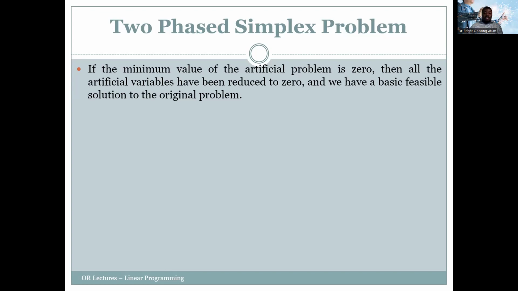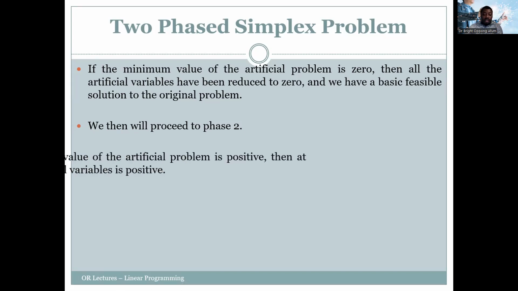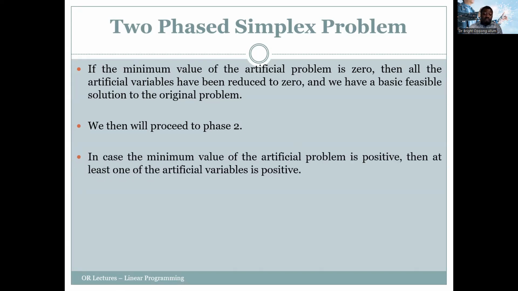When that happens, we can proceed to phase 2. In the case where the minimum value of the artificial problem is positive, then at least one of the artificial variables is positive.